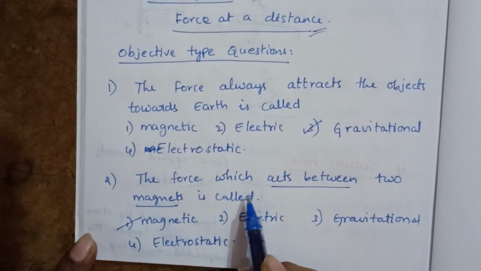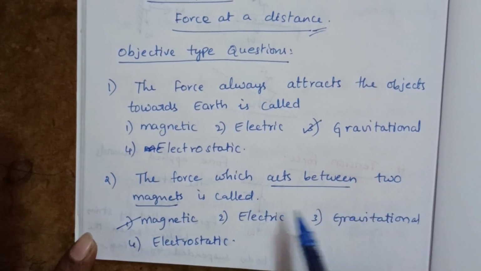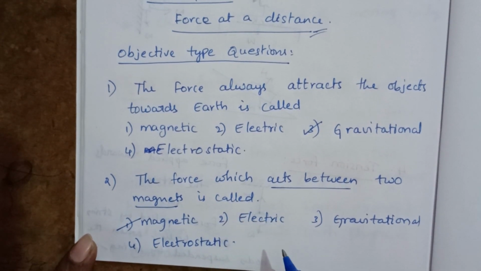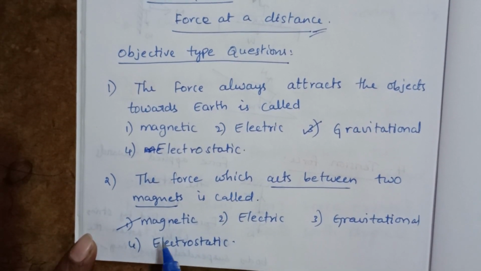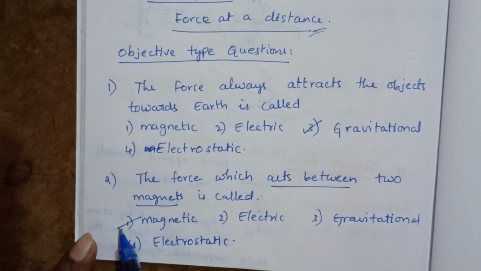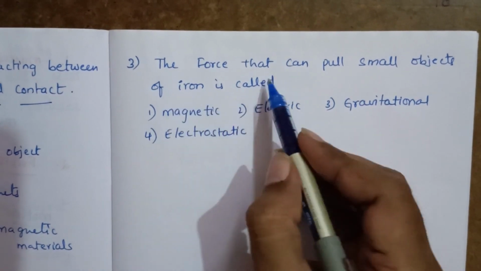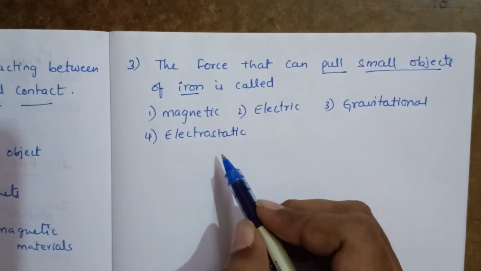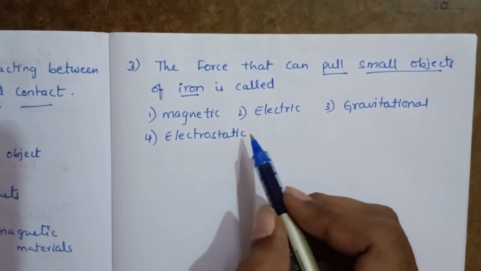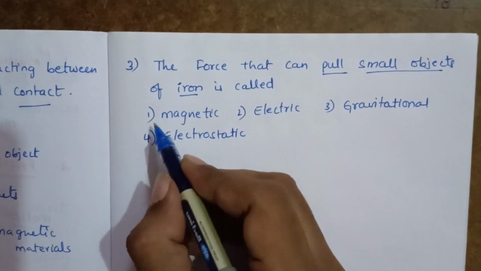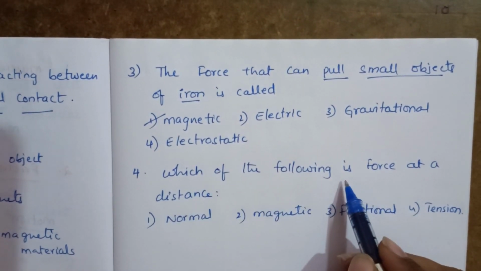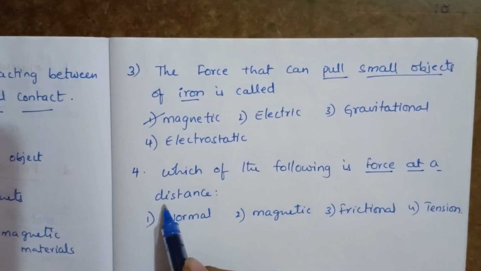Next question: the force which acts between two magnets is called magnetic force. Next, the force that can pull small objects of iron is called what? Magnetic force.